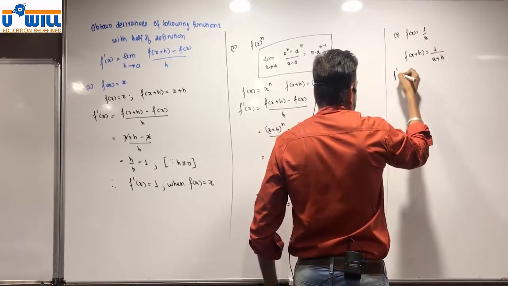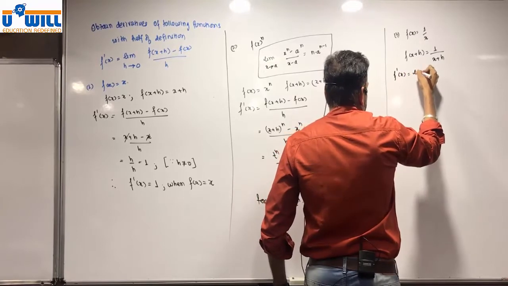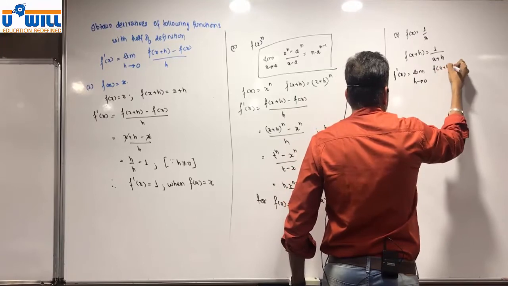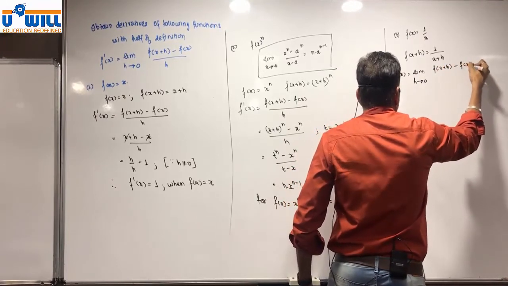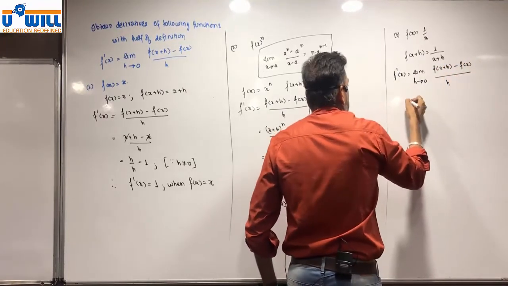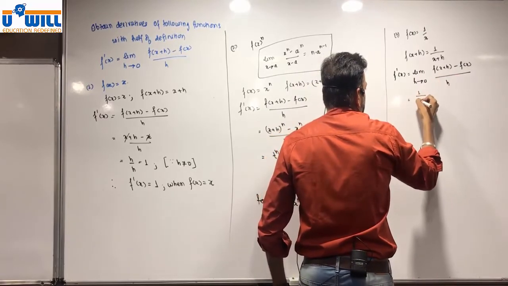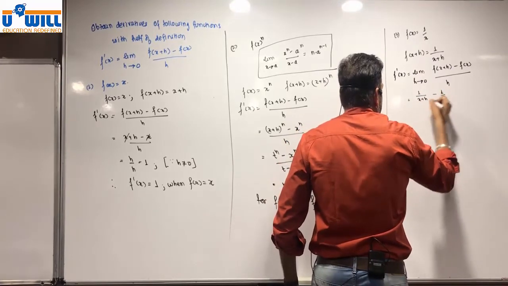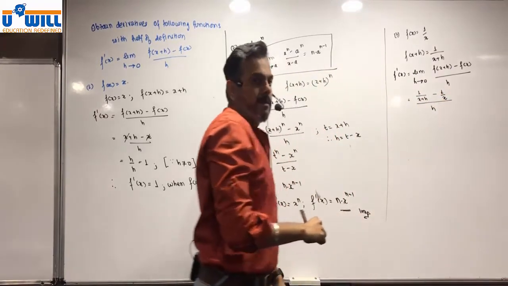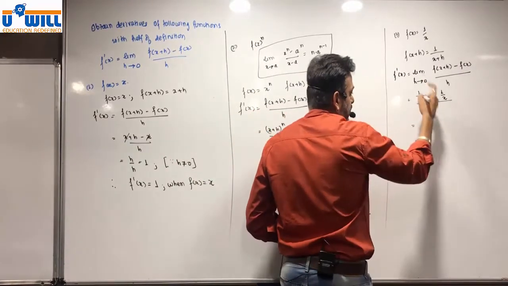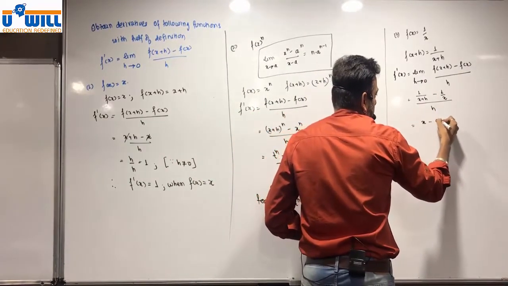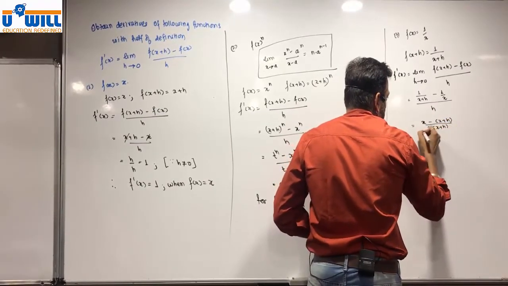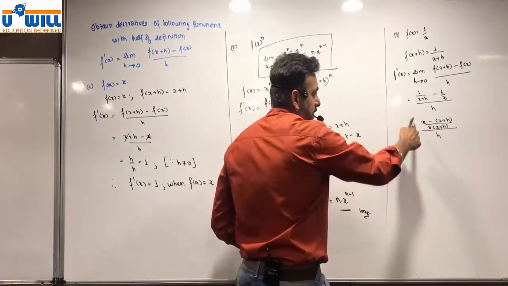The derivative of f(x) is the limit h tends to 0, of f(x + h) minus f(x), upon h, which is equal to 1 by (x + h) minus 1 by x, whole upon h. Now we have to solve this. Very simple, cross multiply: x minus (x + h), upon x into (x + h), whole upon h. Did you understand how this came?